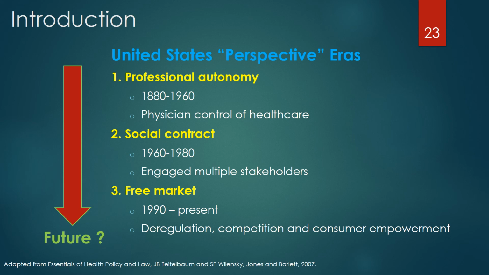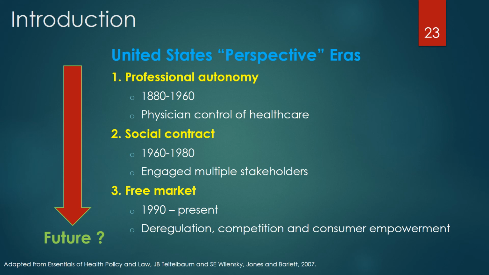This era was associated with the belief that the healthcare system controlled by physicians was detrimental to patient care and healthcare financing, and that healthcare policy and law can and should enforce a social contract by engaging several stakeholders, including not only physicians, but also patients, society in general, employers, etc. This social contract era significantly reduced physician domination of healthcare policy and law.